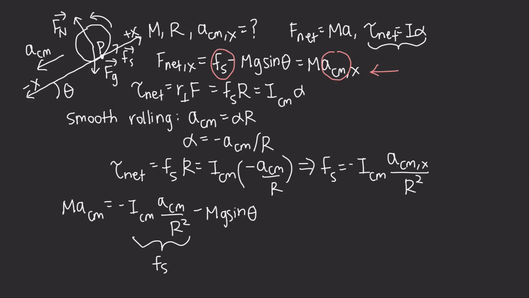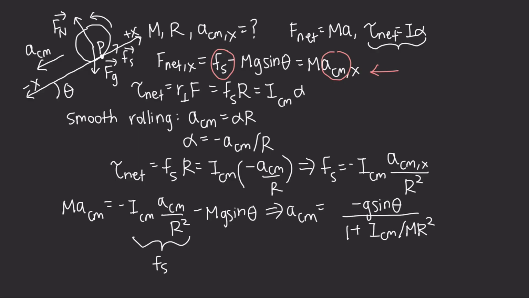And then if we rearrange and do some more algebra, you will find that the acceleration of the center of mass is equal to negative g sine theta divided by 1 plus the rotational inertia about the center of mass divided by mr squared. And that is how we can find the linear acceleration of any body rolling along an incline of an angle theta with a horizontal, not only for a ball, for example.